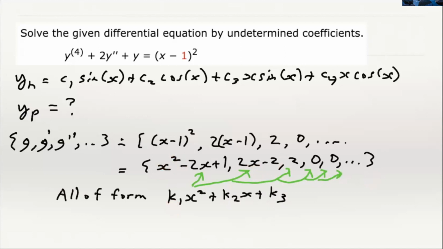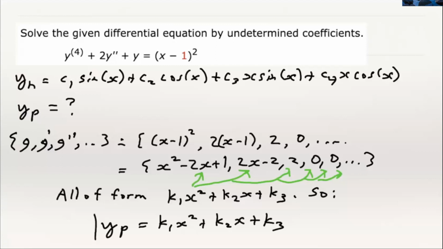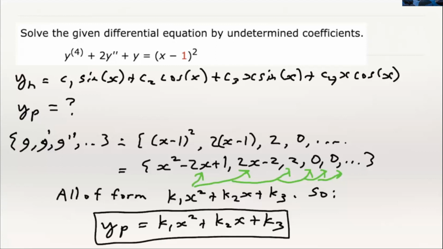And none of these is a solution to the homogeneous complement, so that's our guess. So we'll guess k1 x squared plus k2 x plus k3. And we'll plug that in and equate coefficients and solve.